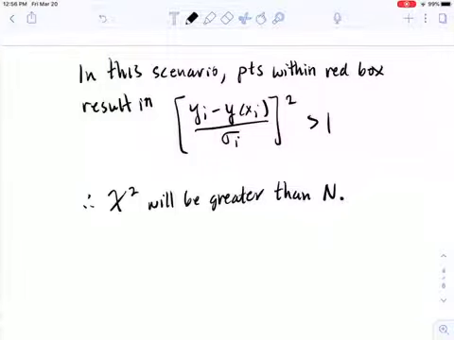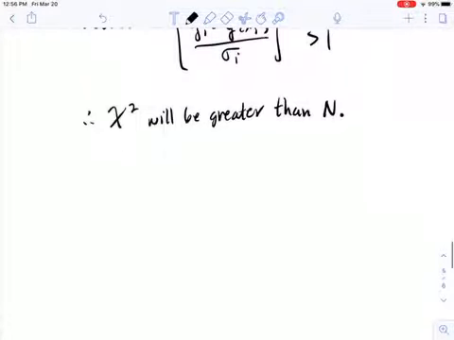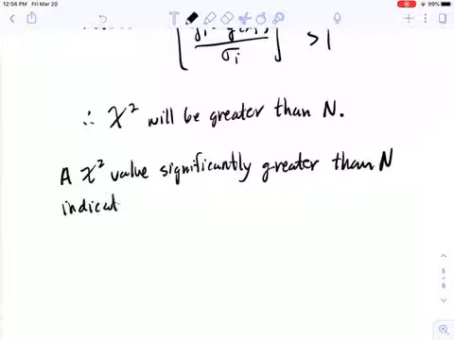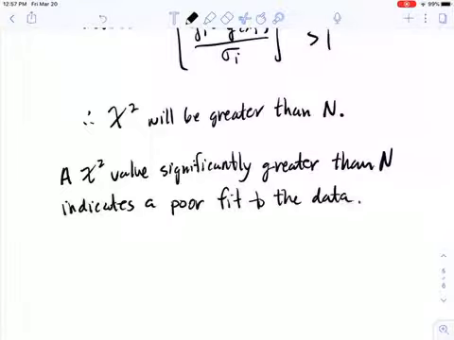measured data points. So one thing that we could conclude then is a chi-squared value that is significantly greater than n indicates a poor fit to the data.